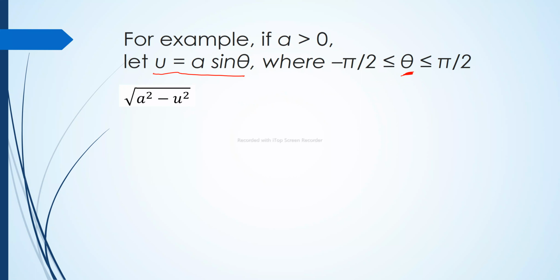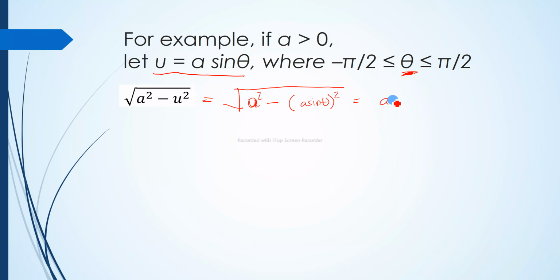Remember that we're using trigonometric substitution, and the value of our angle theta is in radians. So if we let u be a sine theta and substitute that, we can obtain the square root of a squared minus u squared, so u squared will be a sine theta squared.